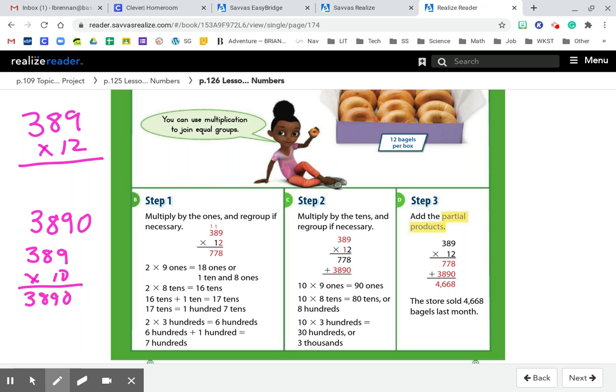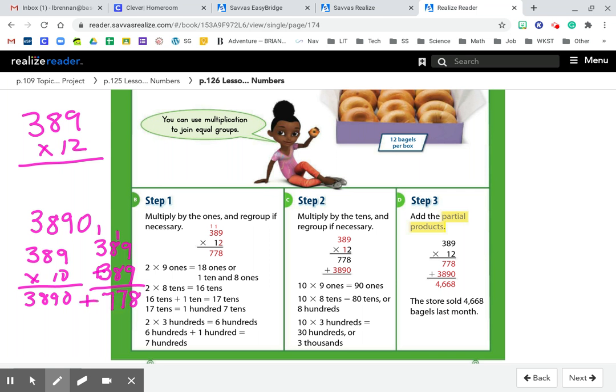And 389 times 2, which in this case, you could even add 389 twice. If you're feeling wiggly with your multiplication, you could just add it twice. Whatever you need to do. So when we combine these two, we should get our answer. So let's take a look.